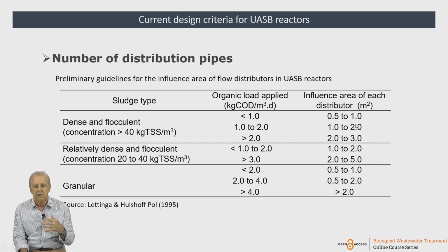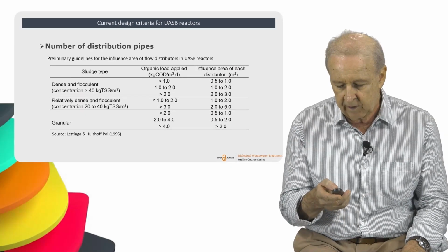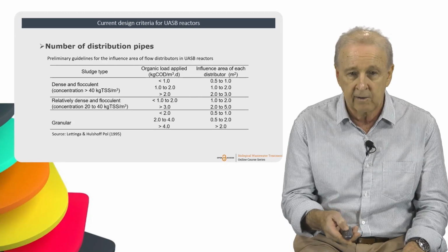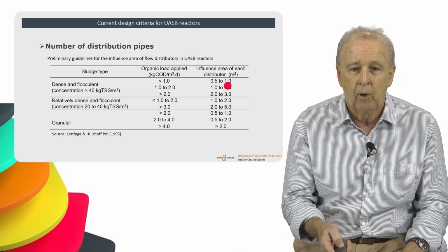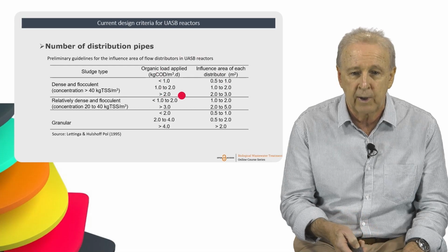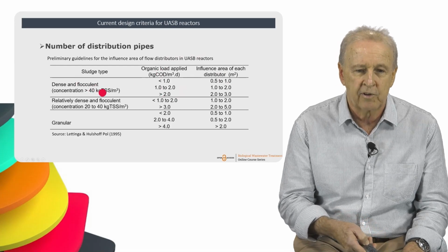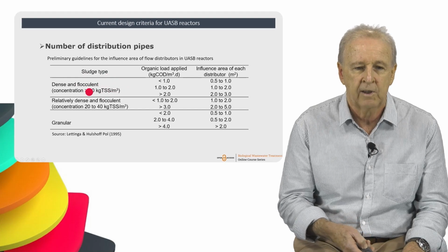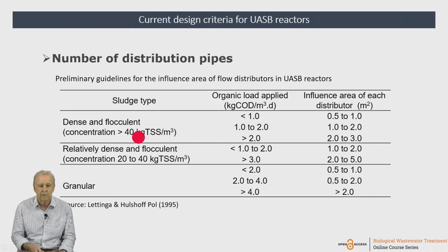So it makes a big difference in the number of distribution pipes, and this is important to determine according to each specific design, depending more specifically on the sludge loading rate, because the type of sludge usually will be this one here, dense and floc-length with concentration usually above 4%.